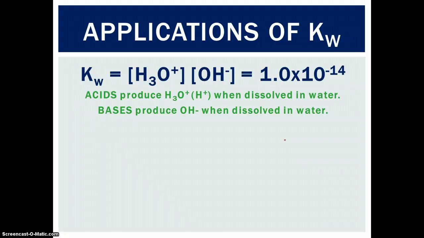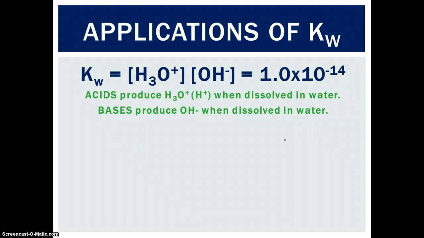Without going into too much detail, this KW is considered an equilibrium constant for the reaction of water dissociating into its ions. You'll find the reaction at the top of your notes, with the water molecules dissociating into the ions.